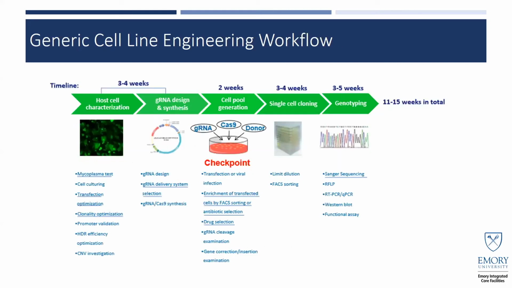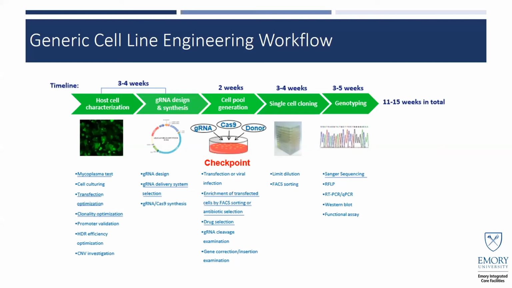This is a generic workflow of what it looks like to do CRISPR cell line engineering. It involves the steps of host cell characterization, making sure the karyotype looks good and the cells are not mycoplasma positive or something like that. Then of course the guide RNA design and maybe donor design.